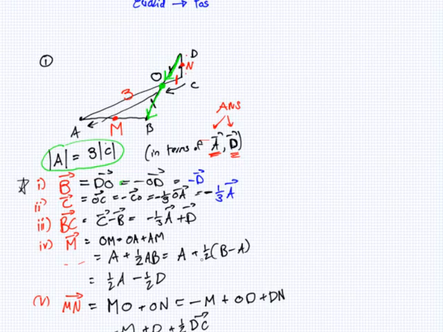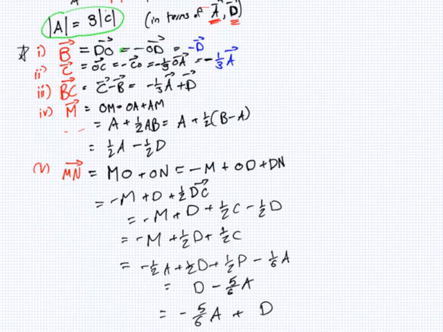BO is minus OB, OC and CN. And you said BA, you forgot to multiply the A by half. Can you scroll down? Yeah. That's it. One more time.